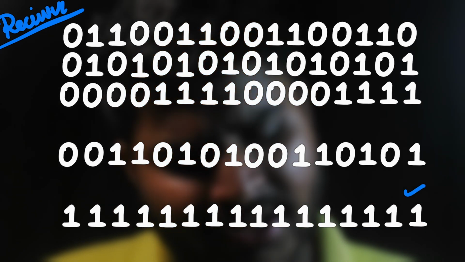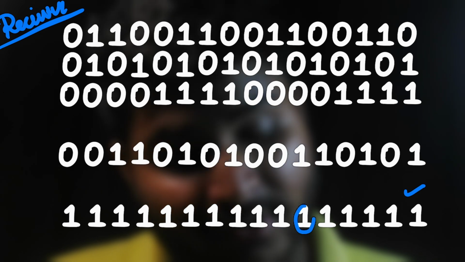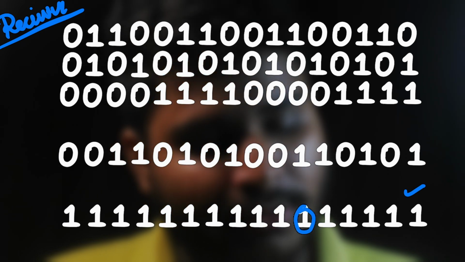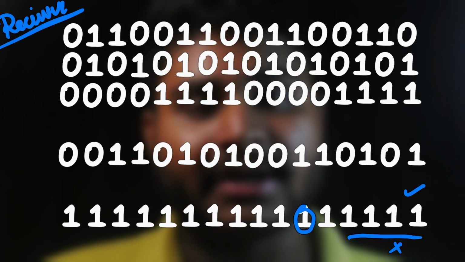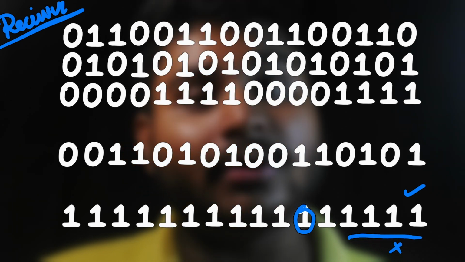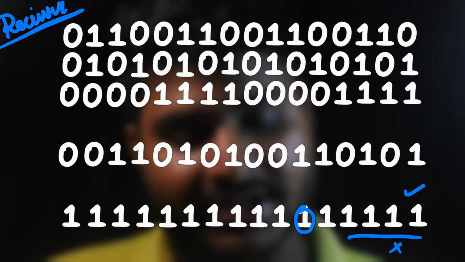And if there is any kind of error, for example if there is a 0 and we don't get all ones, then we know that this is not the correct data, or an error has occurred while transmitting the data, and all the data is going to be rejected.